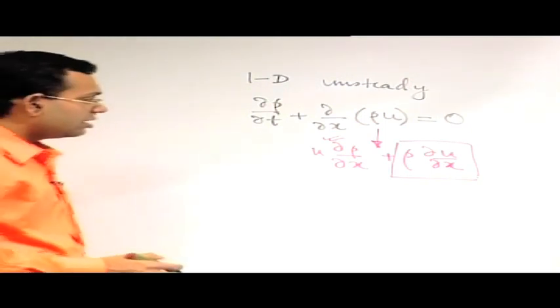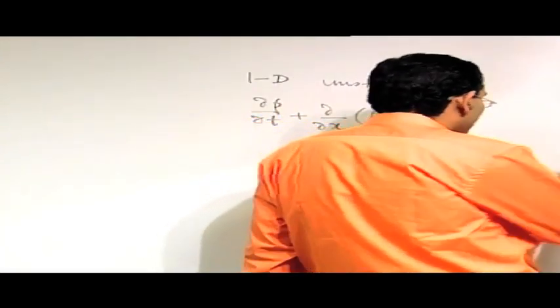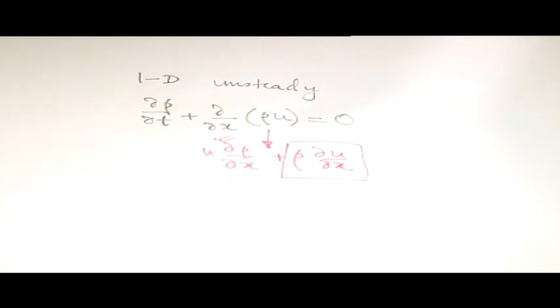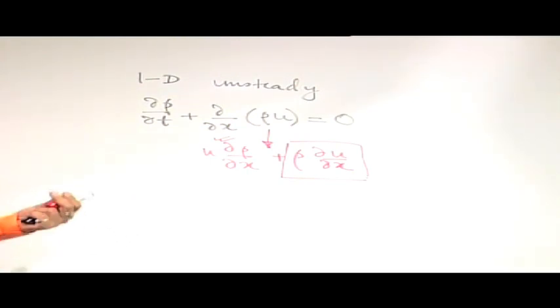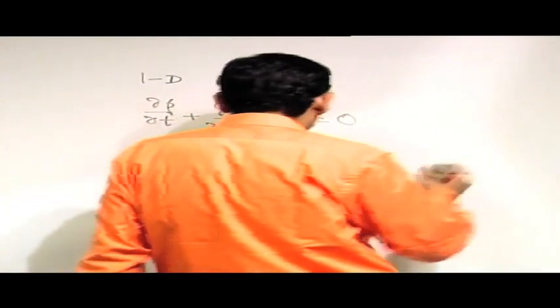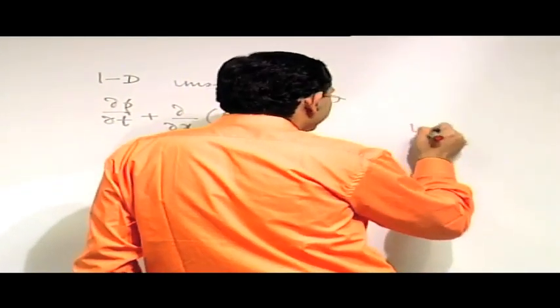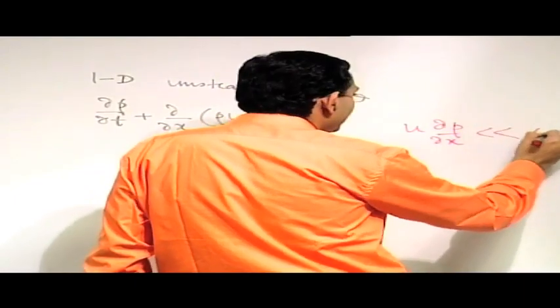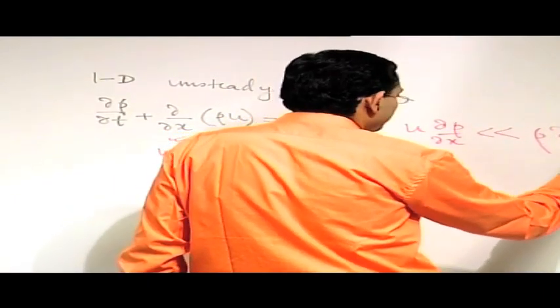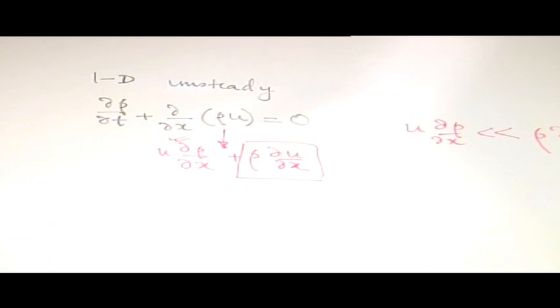That means we are interested to investigate a situation when you may have a sort of effect which gives rise to some kind of compressibility, but the compressibility is not substantial. That compressibility will not be substantial when you have this term much less than this particular term.